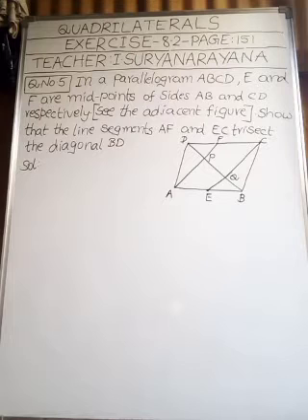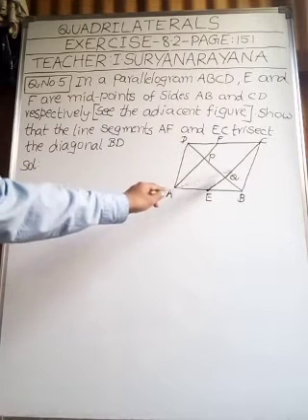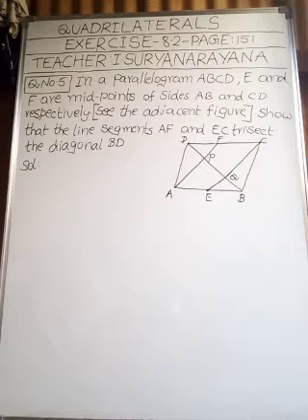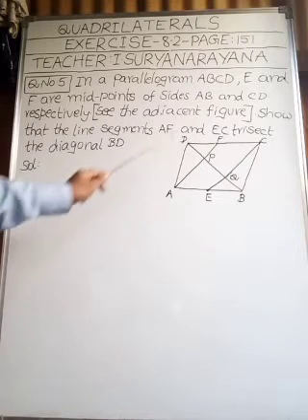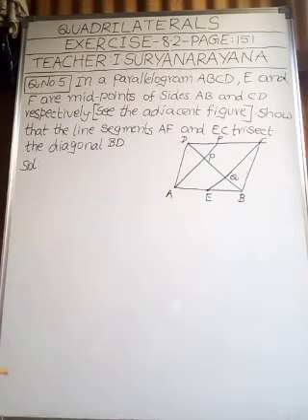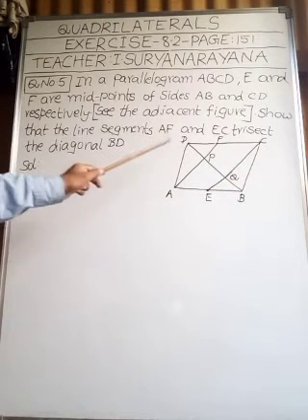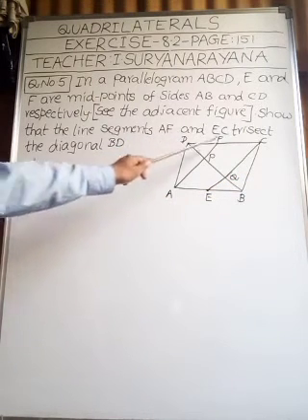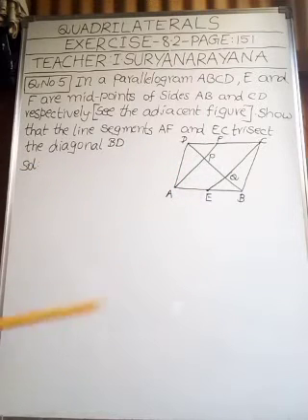Okay, my children, means DP is equal to PQ is equal to QB. It is enough to show that DP is equal to PQ is equal to QB. Then automatically we can conclude that AF and CE trisect diagonal BD. Now come to the solution part.